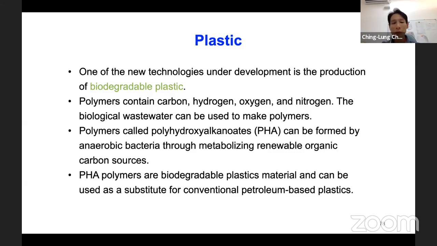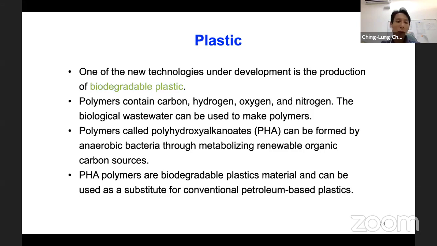So we use a lot of plastic, but actually plastics are non-biodegradable. So it means if you put it into a landfill, even after 100 years, the plastic bag is still over there. Okay, so that's why right now we try to develop a technology to make biodegradable plastic.